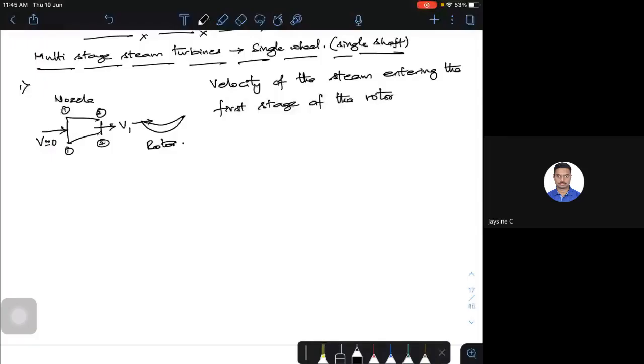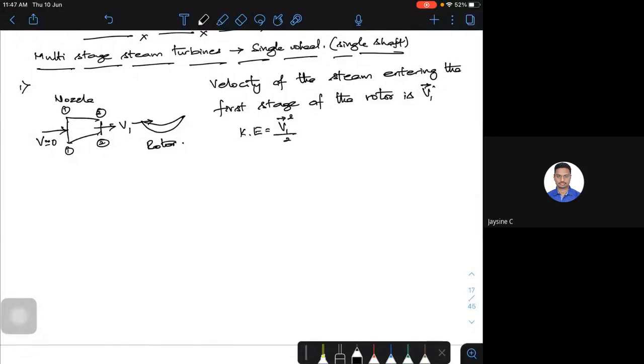That is the velocity with which the steam exits the nozzle and strikes. And what is the corresponding kinetic energy? The kinetic energy available there is V1 square by 2.